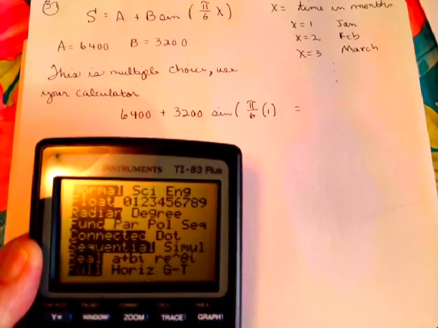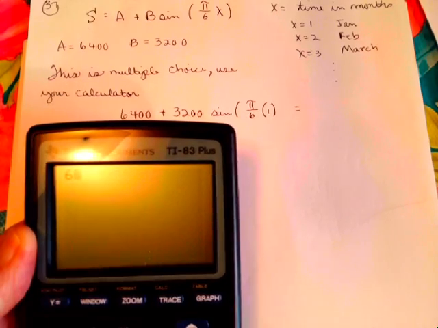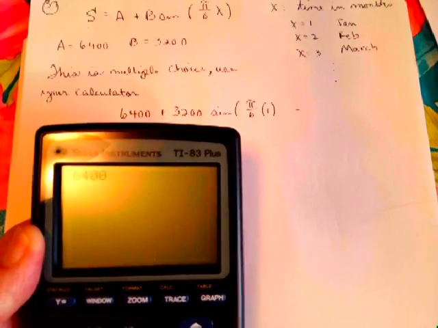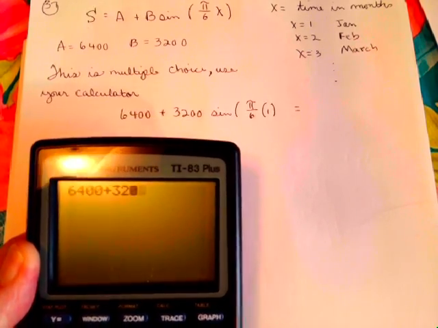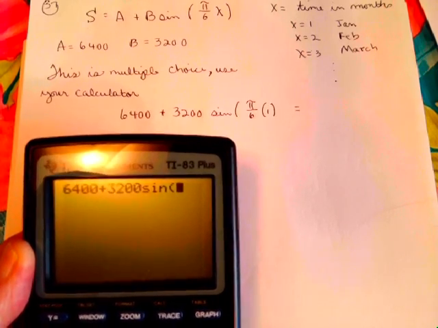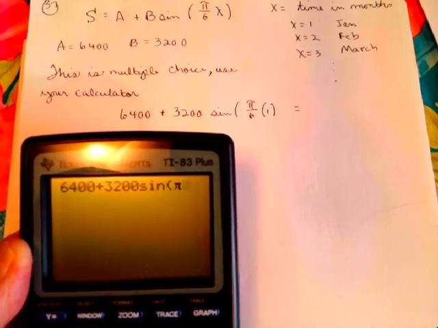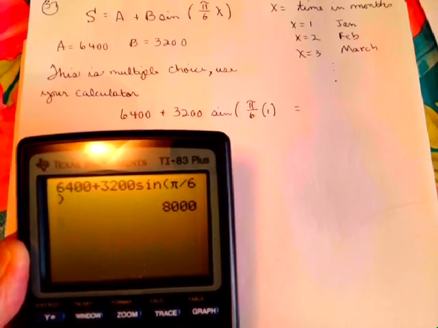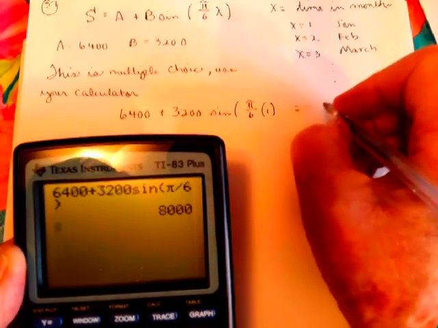Got 6,400 plus 3,200 times the sine of pi divided by 6. We got 8,000.